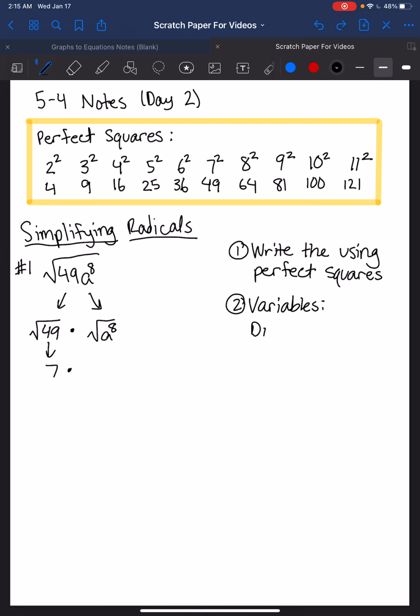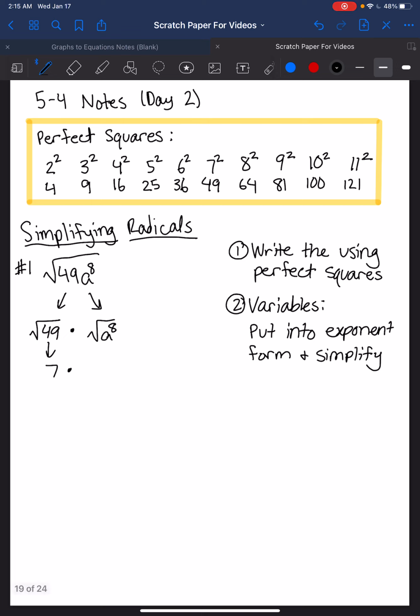Let me say this differently. Put into exponent form and simplify. That's a better way to put it.